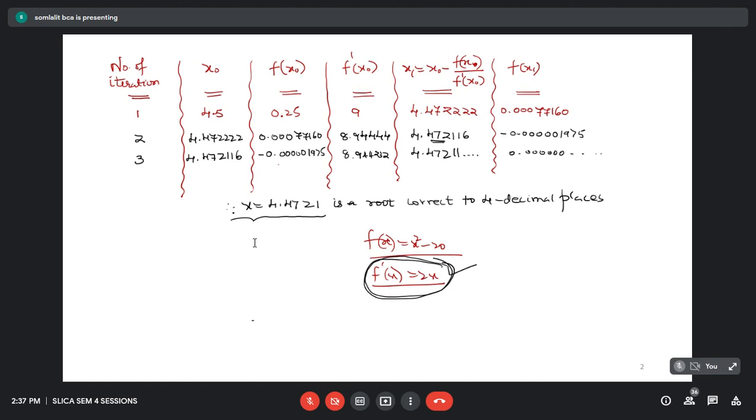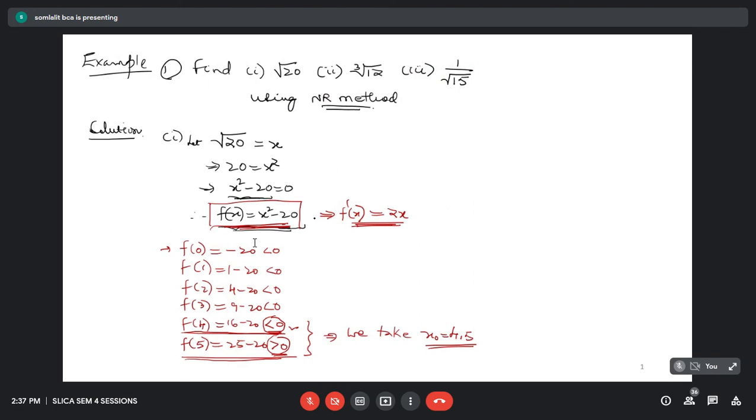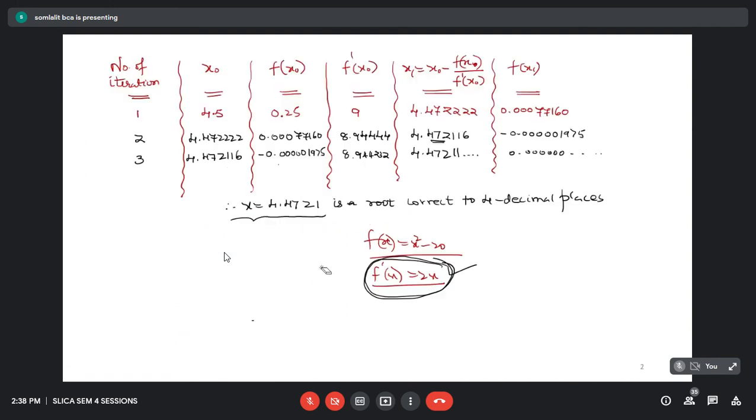So it's the value of x, remember. If you go back to the previous slide, you will realize x means square root of 20. What was x? That was the square root of 20. So here you can write, therefore, root 20 is approximately 4.4721.